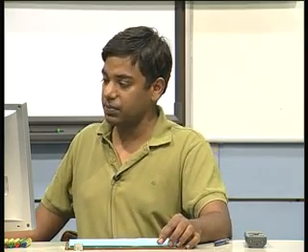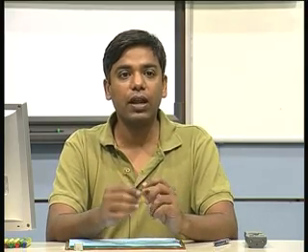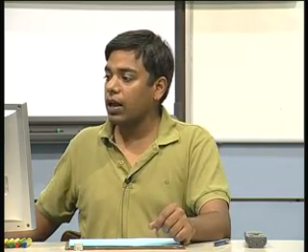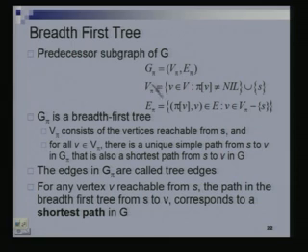My slide order is a bit wrong here. What is the BFS tree that we have generated as a consequence of this? Recall that for each vertex, I have kept track of one edge which gave that vertex its label. Let me consider the following subgraph of the graph G. The set of vertices are all those vertices reachable from S which have a pi of V which is not null, and S was given a pi of V which was null.